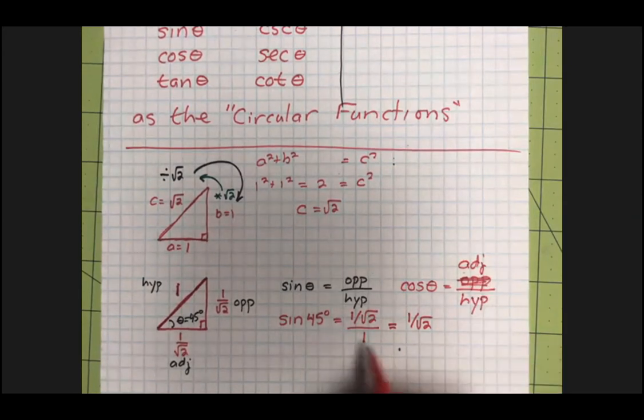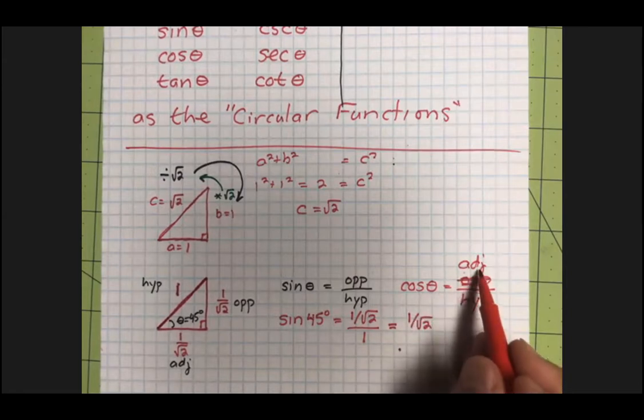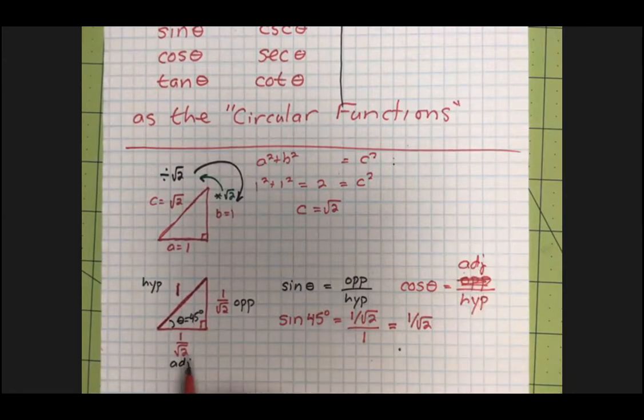In fact, all I have to do is not write it. The cosine is just the adjacent side over 1, which is the adjacent side. The cosine of 45 degrees is 1 over root 2.